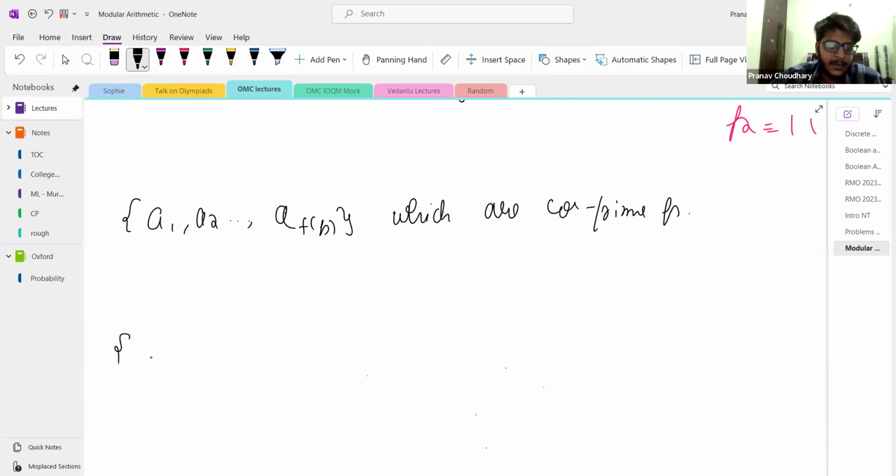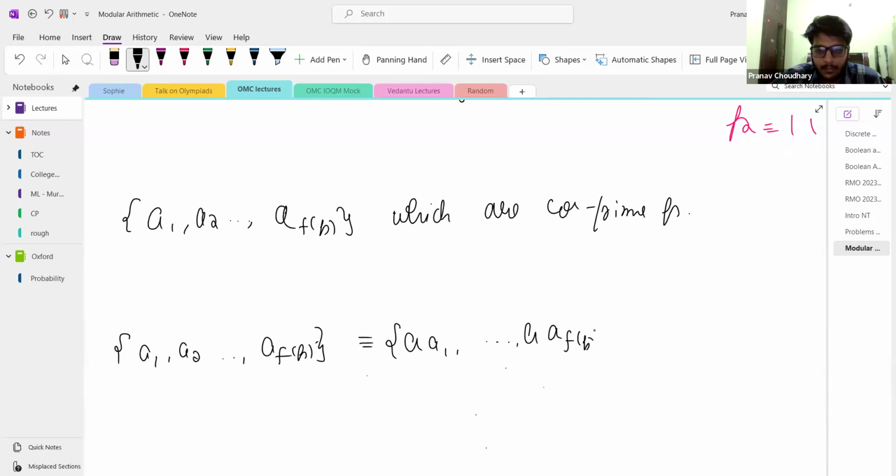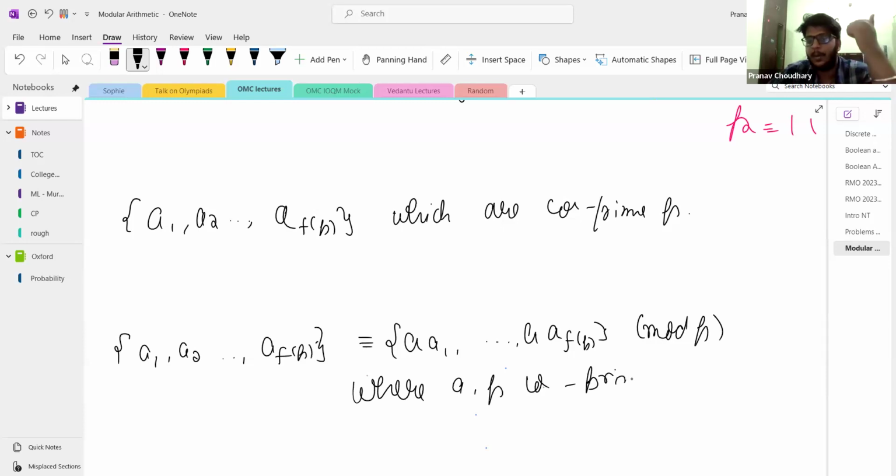We know that this set is the same as the set of a times ai, where a, p are co-prime. This is the same as the above problem.